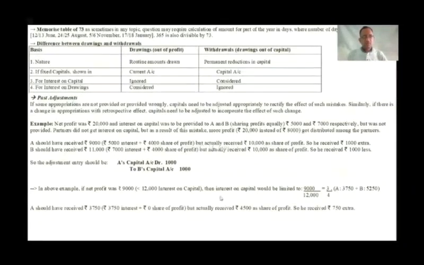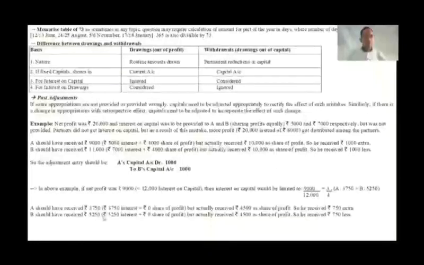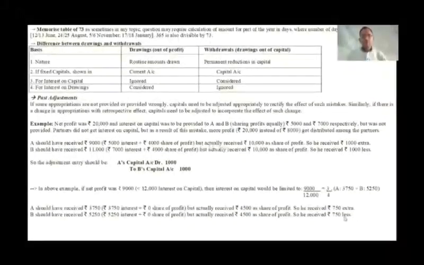Now let's see what happened in case of B. B should have received interest 5,250 and again zero share of profit. So total 5,250 B should have received. But actually what did he receive? Rupees 4,500, half of 9,000. So B received rupees 750 less.